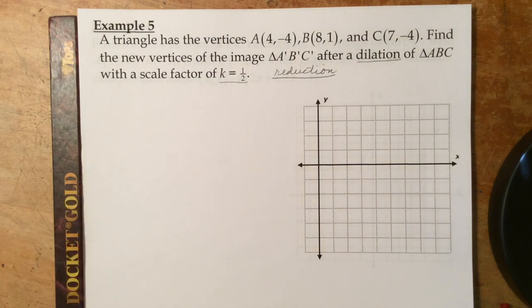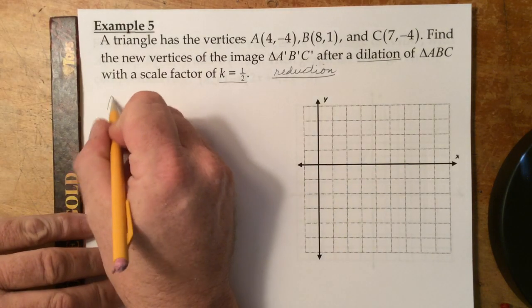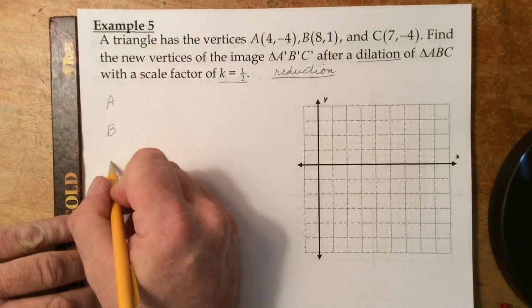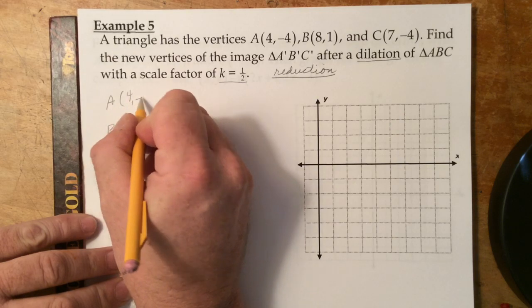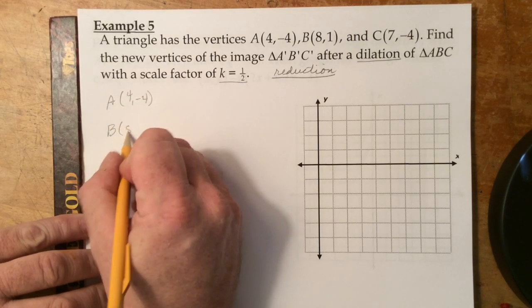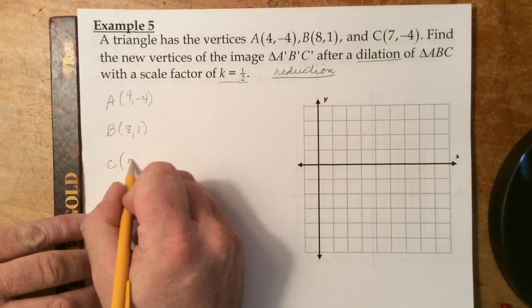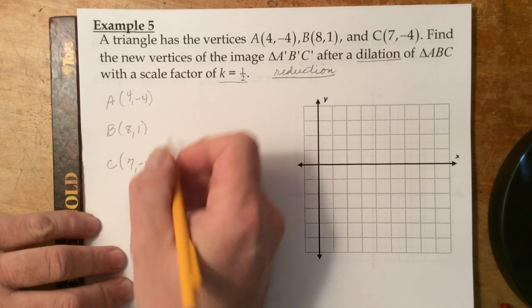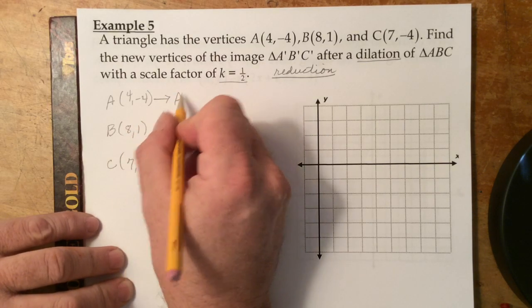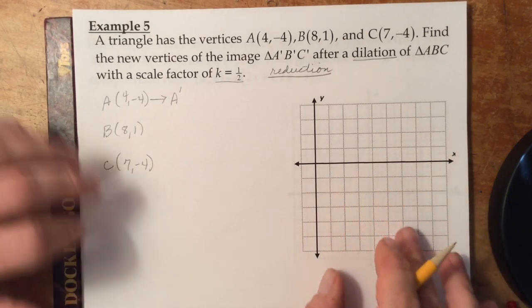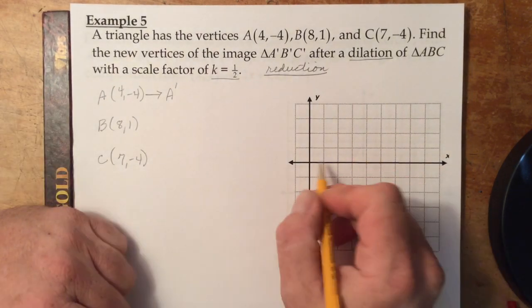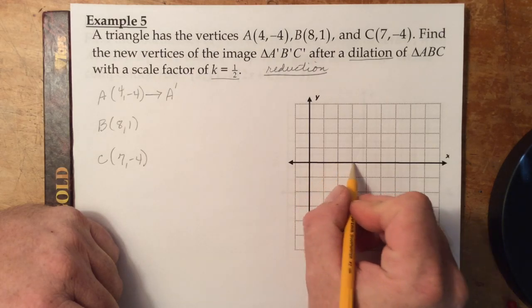So again, we take our ordered pairs, A, B, and C. A is at (4, -4). B is at (8, 1). C is at (7, -4). We're going to dilate to find A prime. Let's go ahead and graph these on our coordinate system first. We have A at (4, -4): 1, 2, 3, 4, down 4.